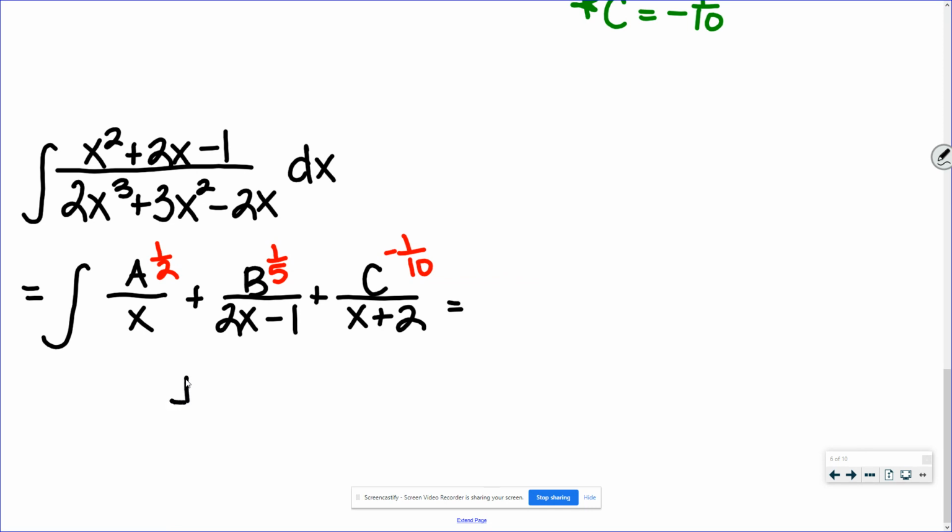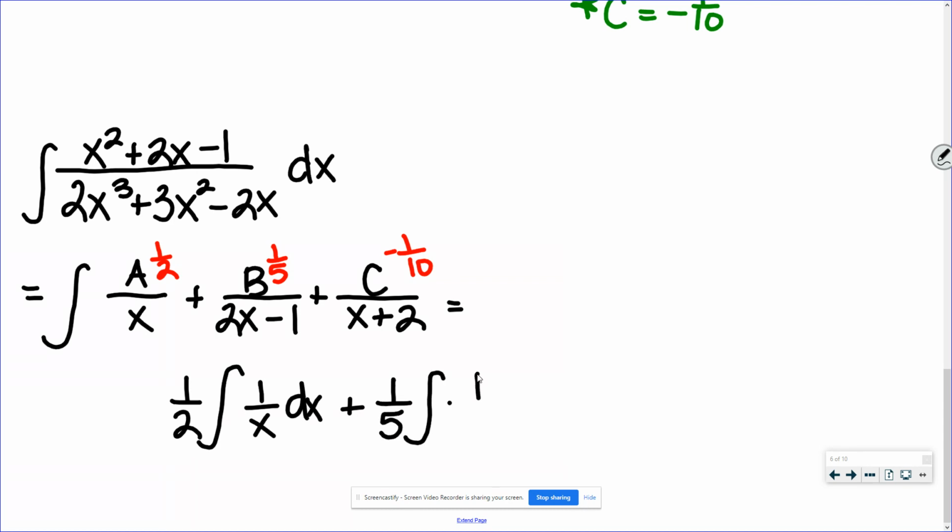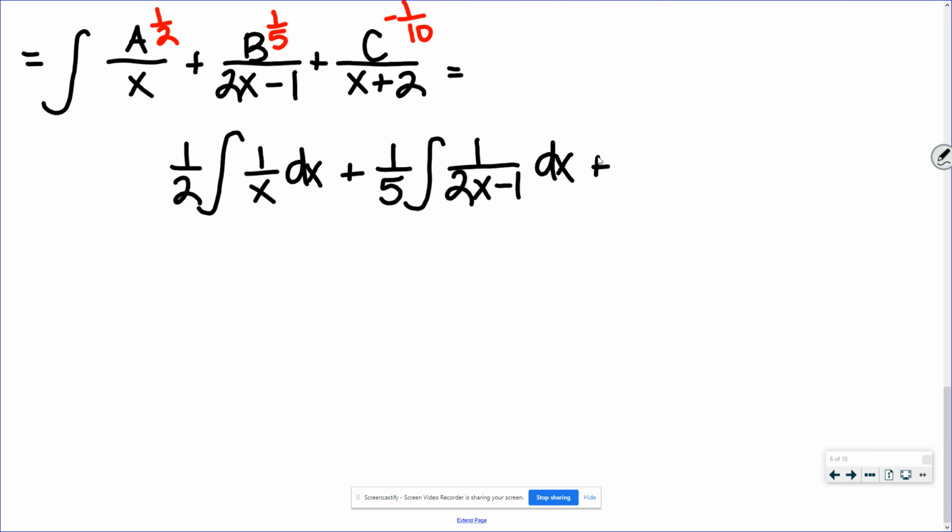So we could say 1/2 integrate 1/x dx plus 1/5 was the b value, and that was for 1/(2x minus 1) dx plus, whoops, minus, it was -1/10, minus 1/10, and that was for the fraction 1/(x plus 2). So I'm just kind of rewriting and pulling the constants out to make it easier.